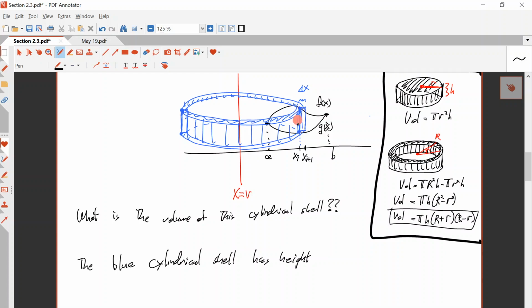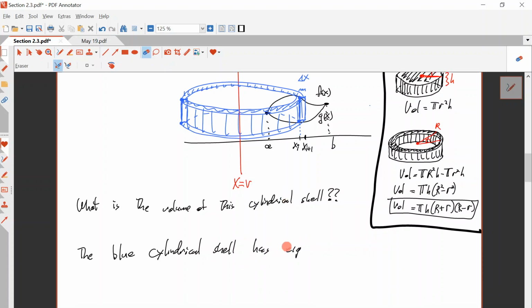It's f minus g, right? It has height equal to f of x_i minus g of x_i.